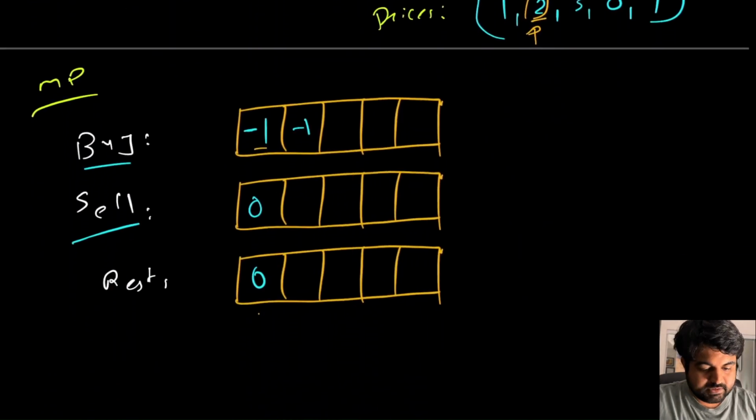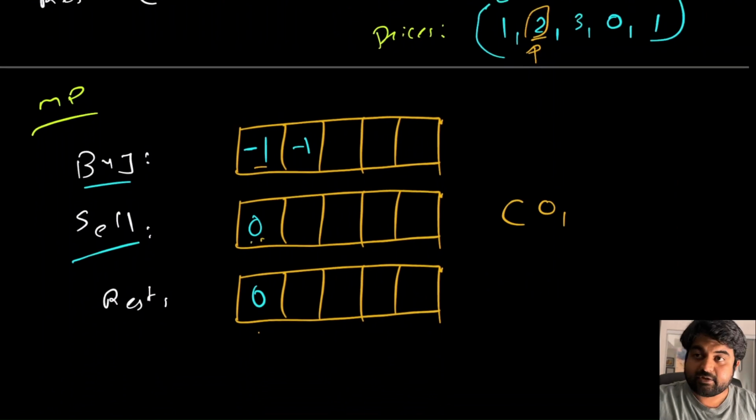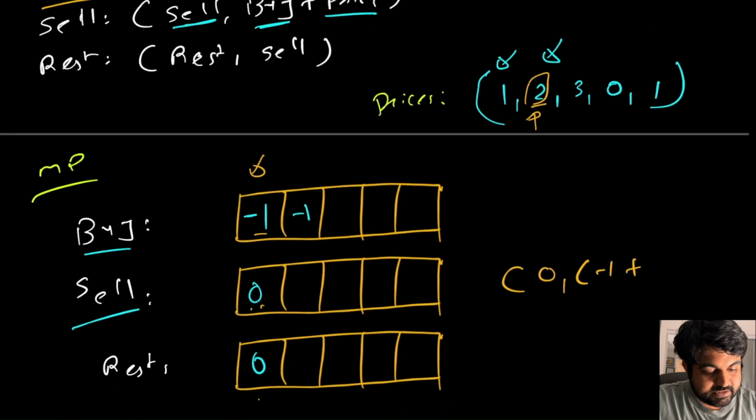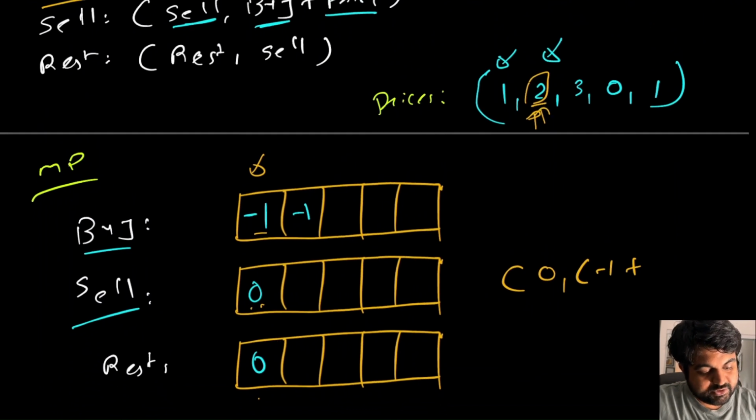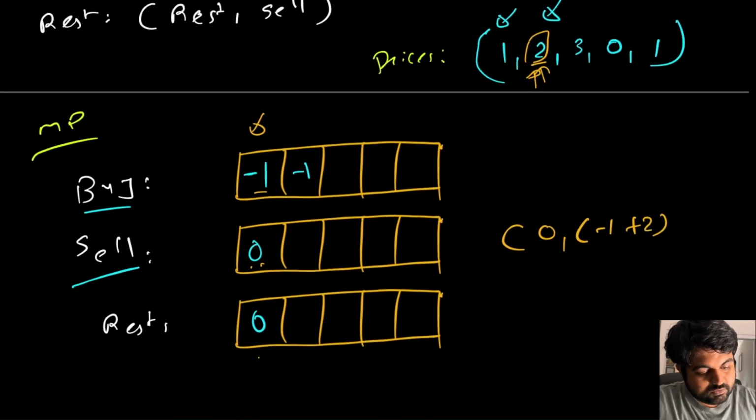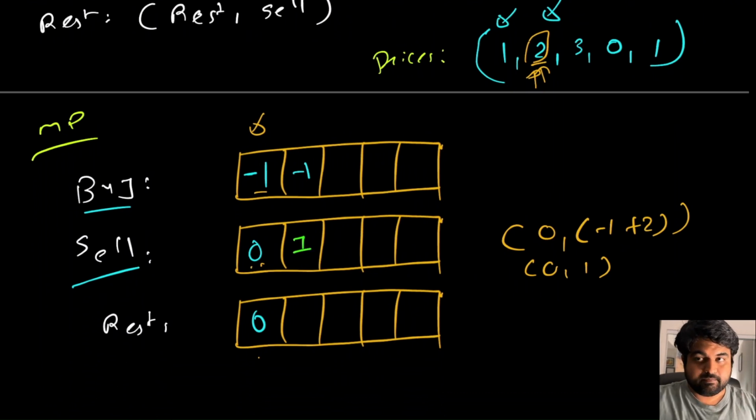So of course this is quite obvious that if we decide to compare, then first value we are comparing is 0, because that is the maximum profit we are making on the previous day, and we are comparing it with the buy maximum profit on the previous day, so that was -1, plus the price today, so today's price is 2, so -1 plus 2. So we are comparing the values 0 and 1, so obviously 1 is greater, so maximum profit we can make if we decide to sell is going to be 1, so we'll mark 1.